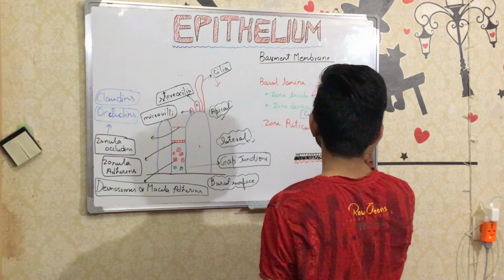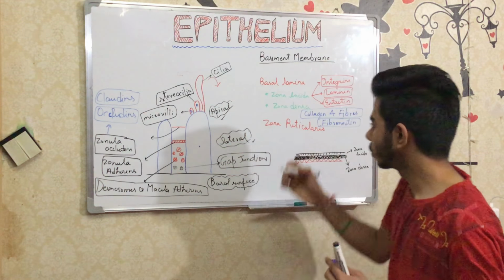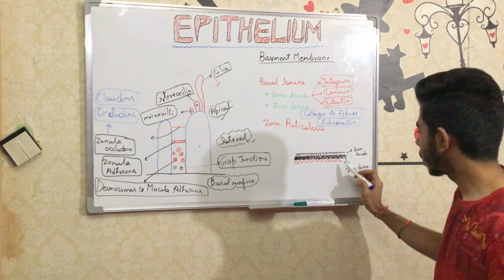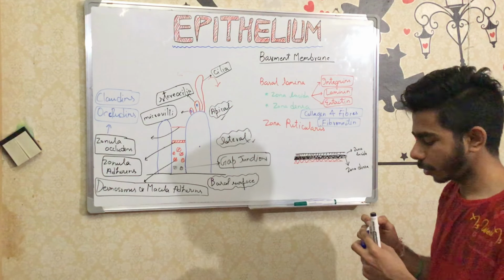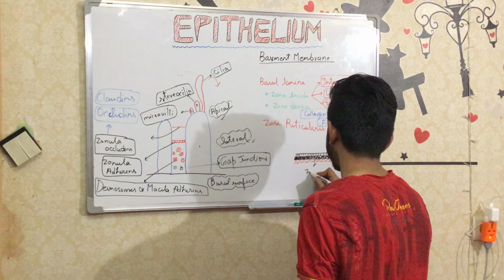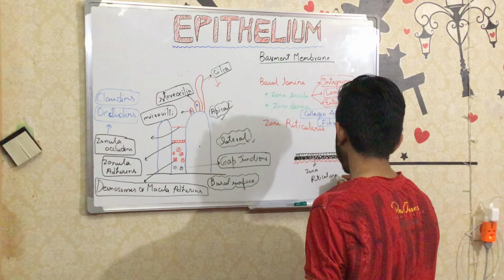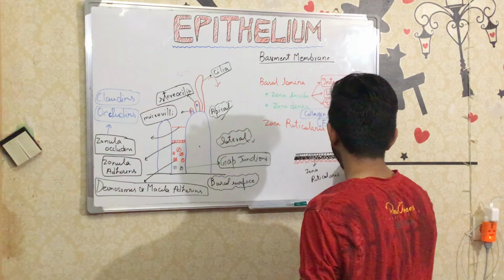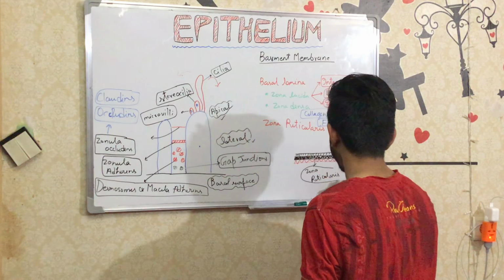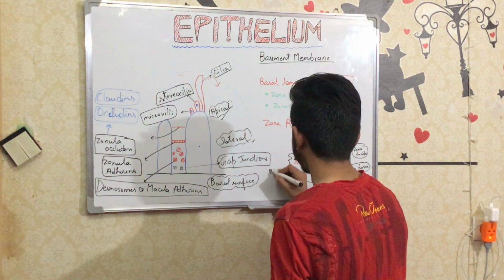These two structures are present in the zona densa, which is the more compact one. So this is the zona lucida, zona densa, and this is the zona reticularis. And this whole structure is the basement membrane.